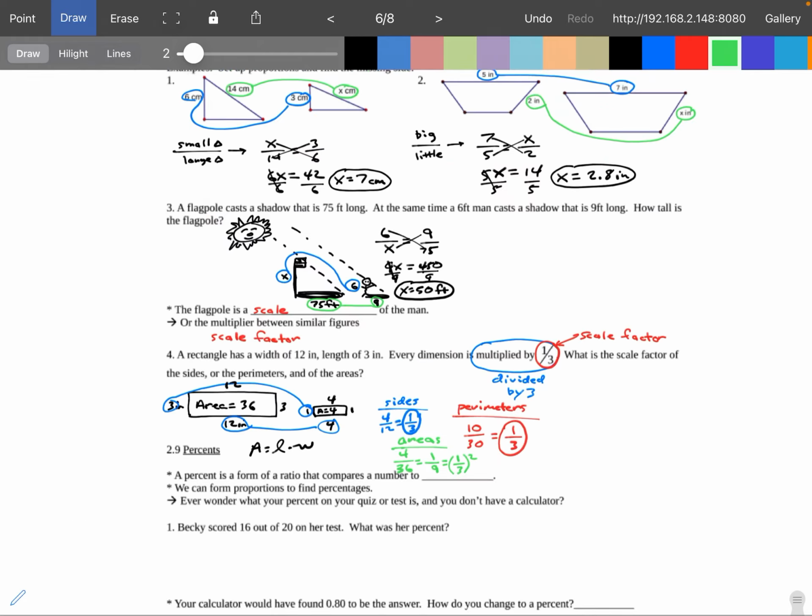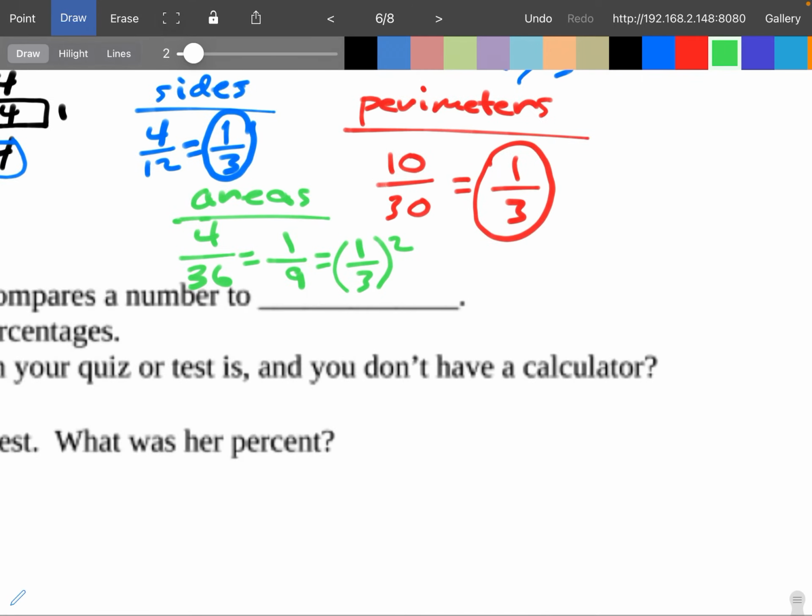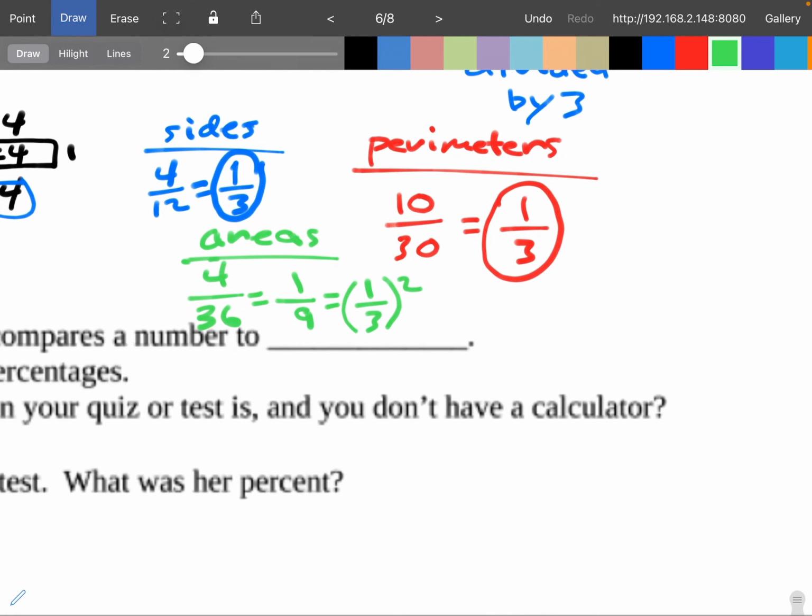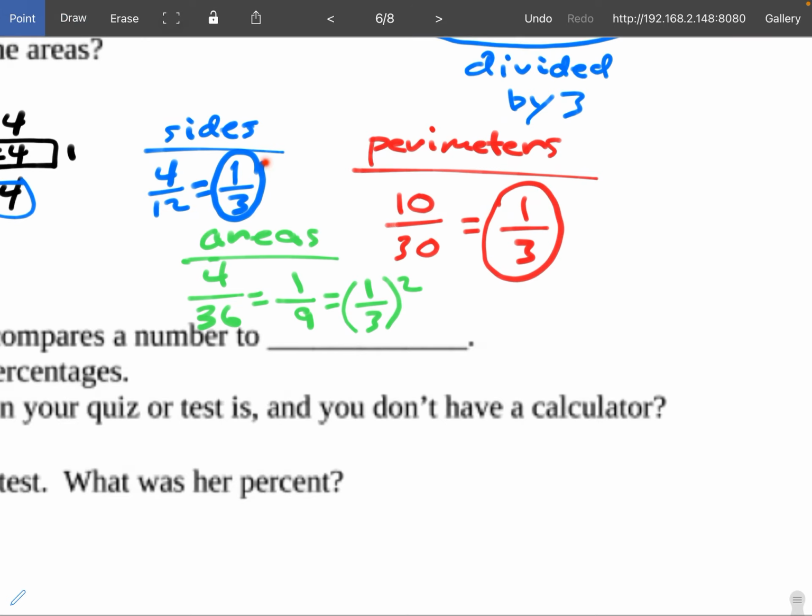So the ratio of the, you know how areas are in square units, right? Like a side length, that would be in, what are these in? Do they give us units on this? Inches. Inches. So the side length, that would be in inches. The perimeter, that's also a distance around it. That would also be in inches. But the areas would be in square inches, right? So look what happens. The scale factor for the sides is 1/3.